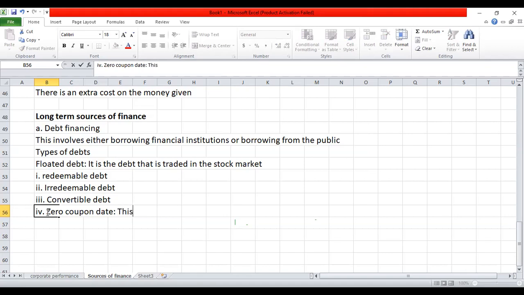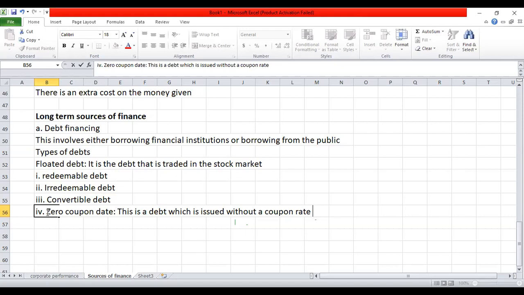This is a debt which is issued without a coupon rate. Then the question will be, how will the owner of this debt gain, or what is the benefit of someone investing in a debt which has no coupon rate? The investor will only gain if the market price of this debt goes up.